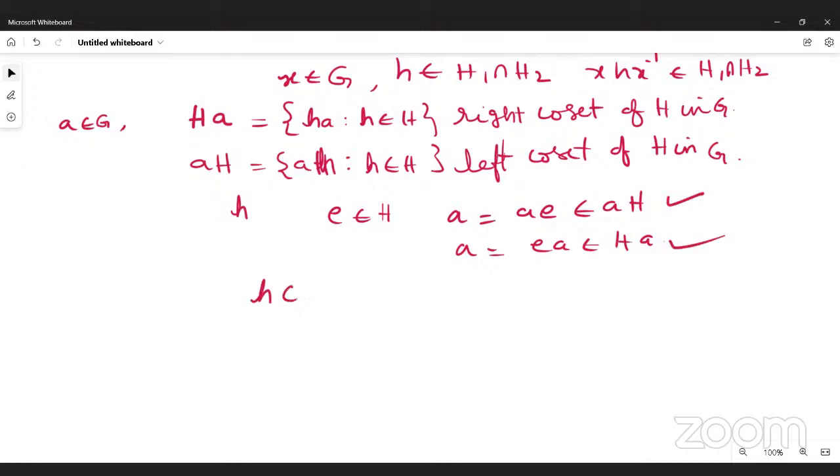Now, generally, you have h belongs to G means we can talk about capital H into small h, and small h into capital H. This is the right coset, this is the left coset.